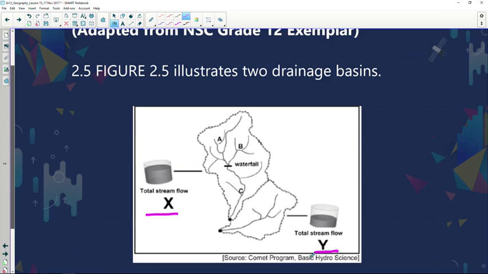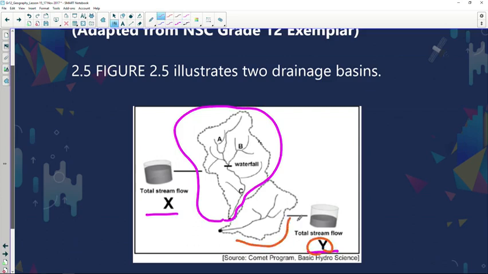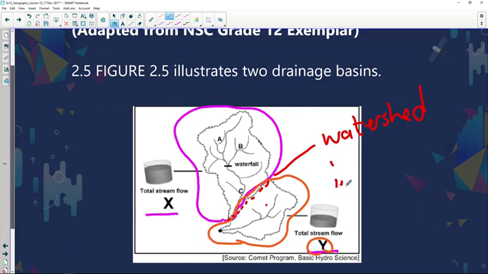First of all, there's drainage basin X, and situated over there is drainage basin Y. Now what separates one drainage basin from another? It's this dot over there. Remember, that's your watershed. The high-lying areas that we find between the tributaries is known as your interfluve.